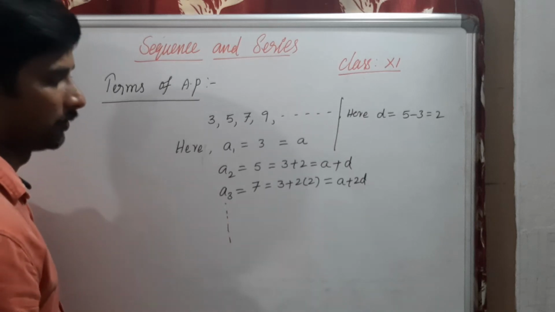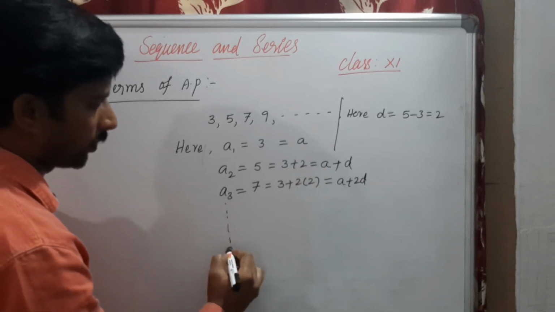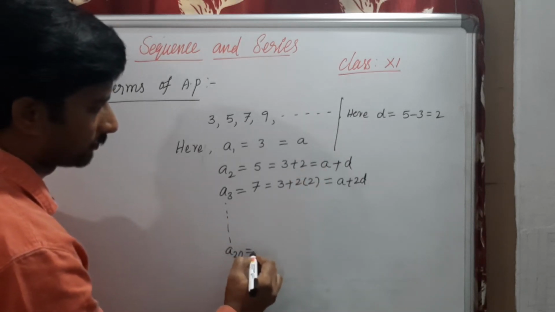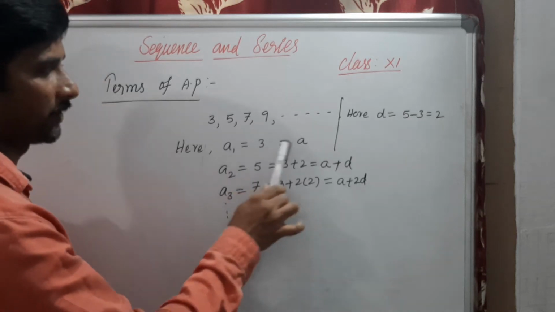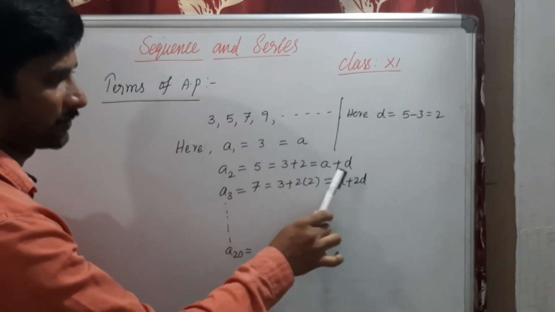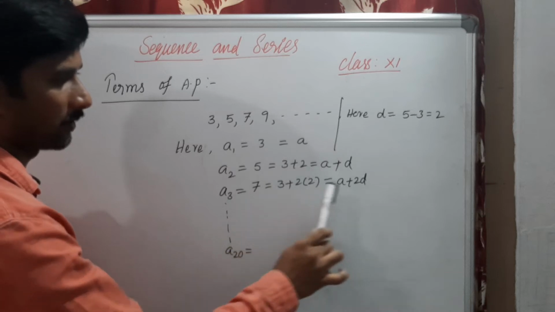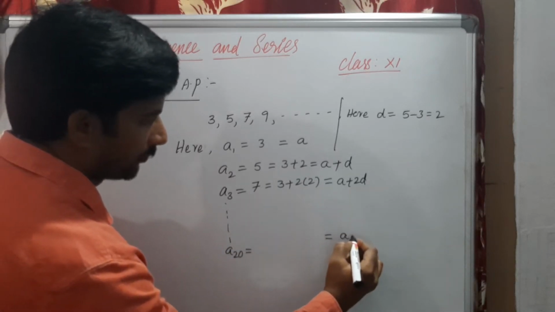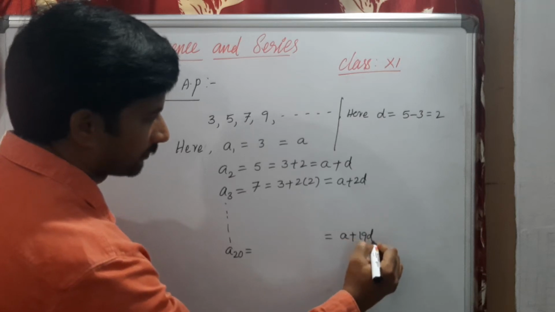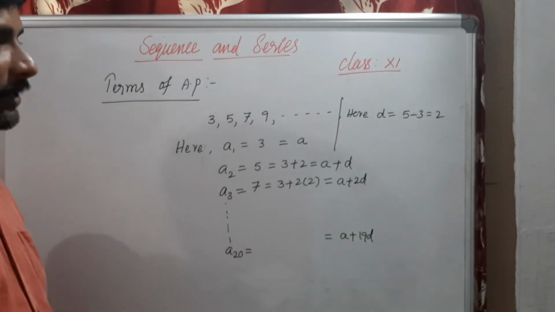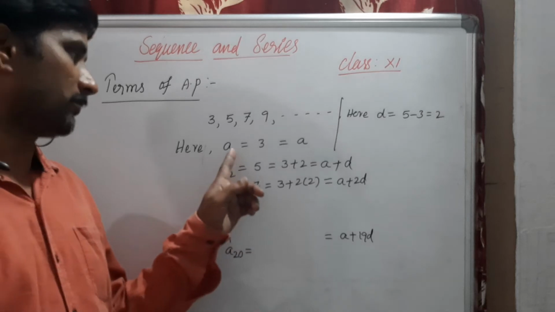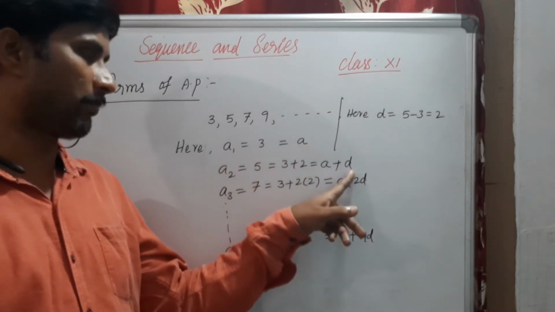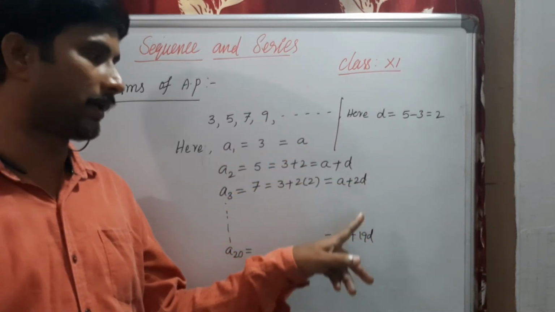So in the same pattern, what is the 20th term? First term is a, second term is a plus d, third term is a plus 2d, then A20 obviously we get a plus 19d.